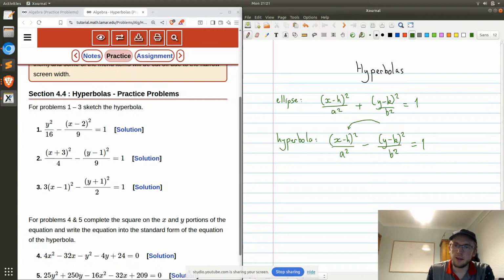But these pieces here can swap around, and that will determine if the hyperbola looks like this or if it looks like this.